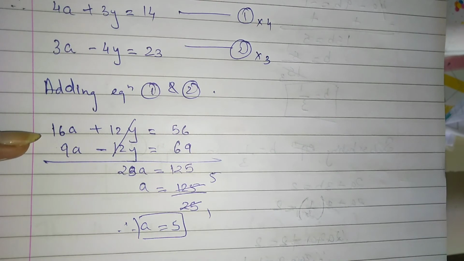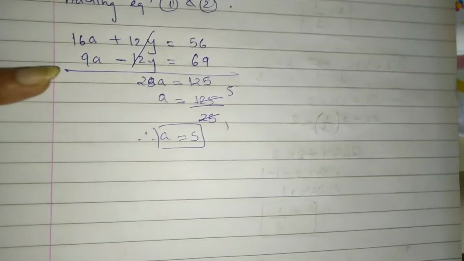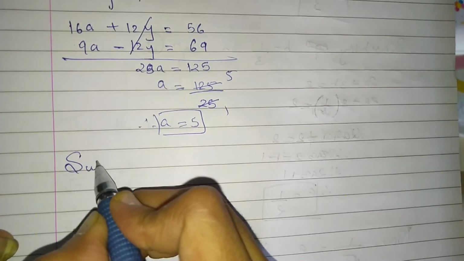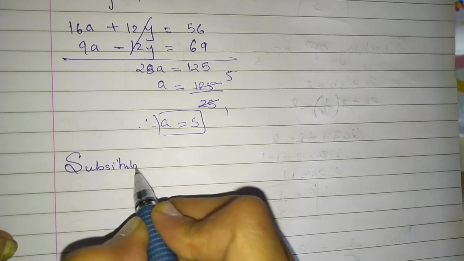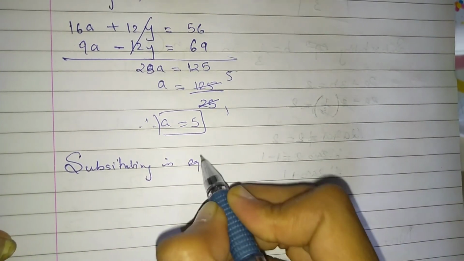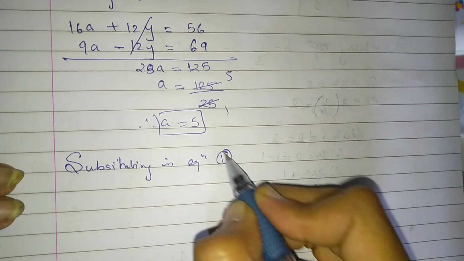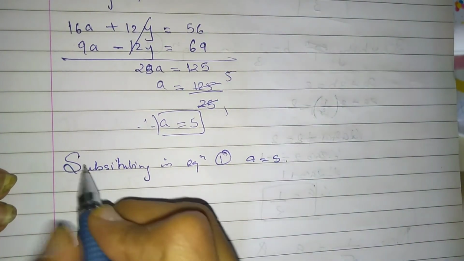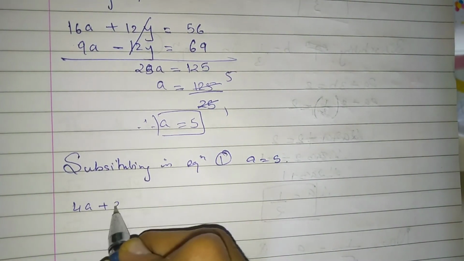Now this a equal to 5 we have to substitute in equation 1. So 4a plus 3y equal to 14.